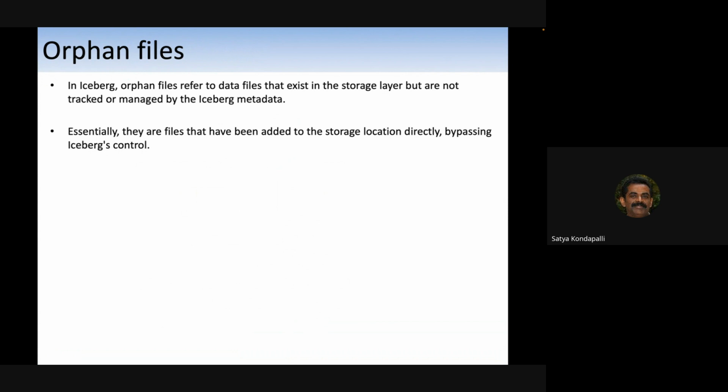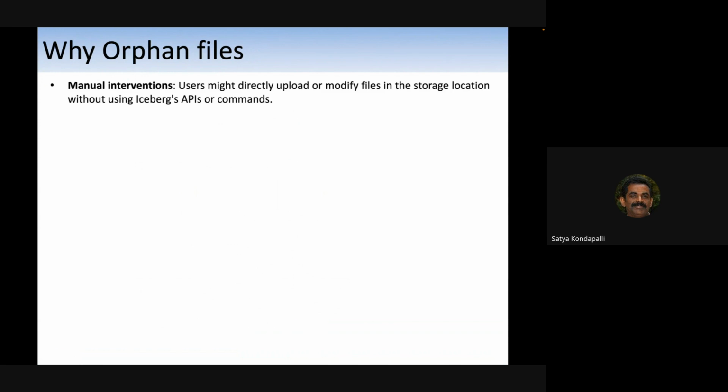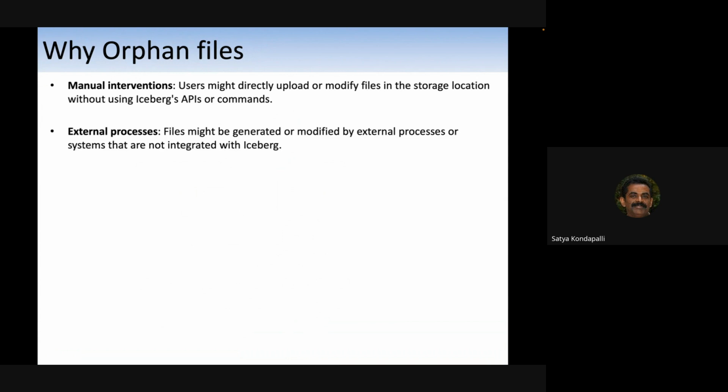The situation might occur due to various reasons, such as manual intervention: people uploading or copying files accidentally, or modifying existing files, or making a copy of the existing files, or maybe an external process, like, as I said, Spark streaming or Kafka streaming loading it.